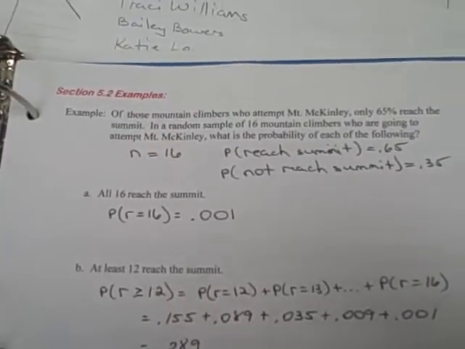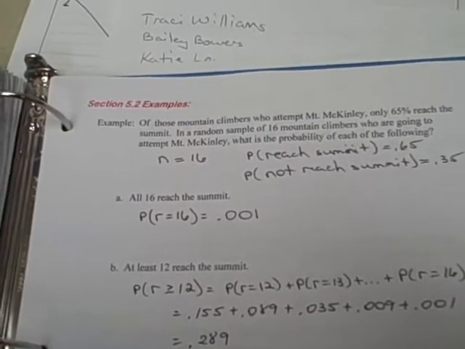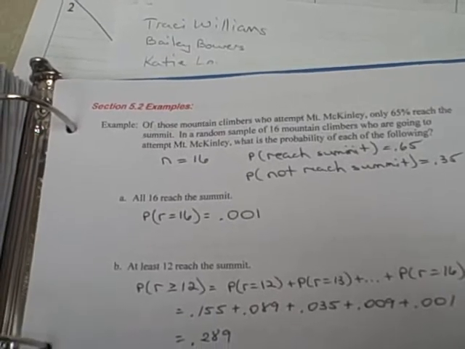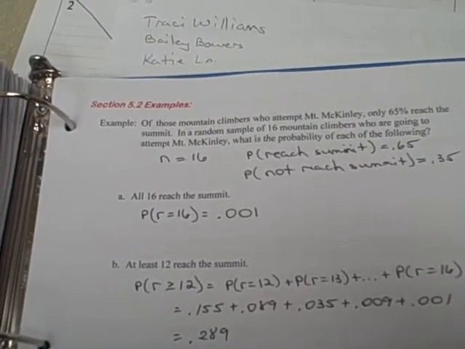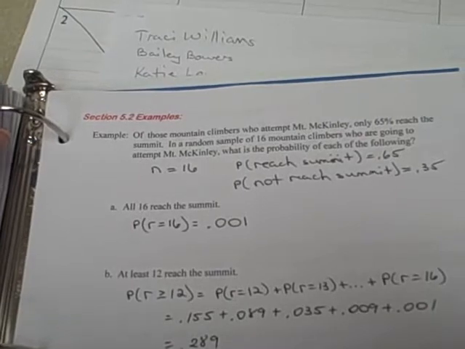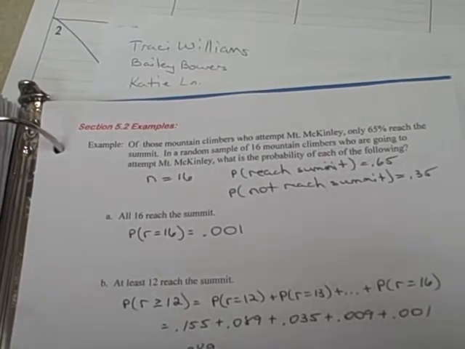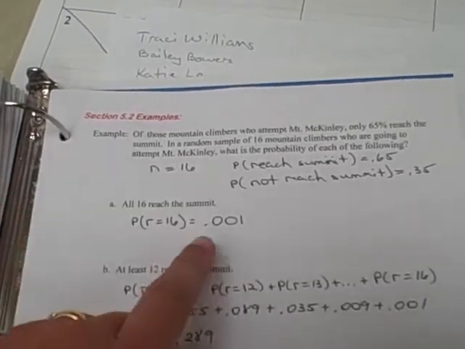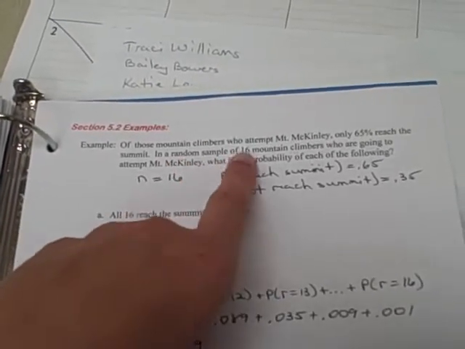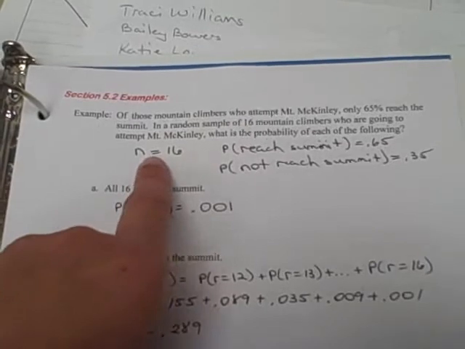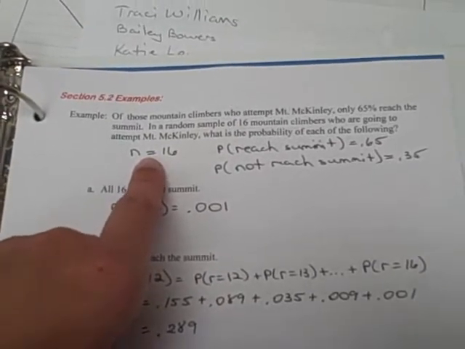Of those mountain climbers who attempt Mount McKinley, only 65% reach the summit. In a random sample of 16 mountain climbers who are going to attempt Mount McKinley, what is the probability of each of the following? We need some important information. We have 16 mountain climbers, so n is 16.